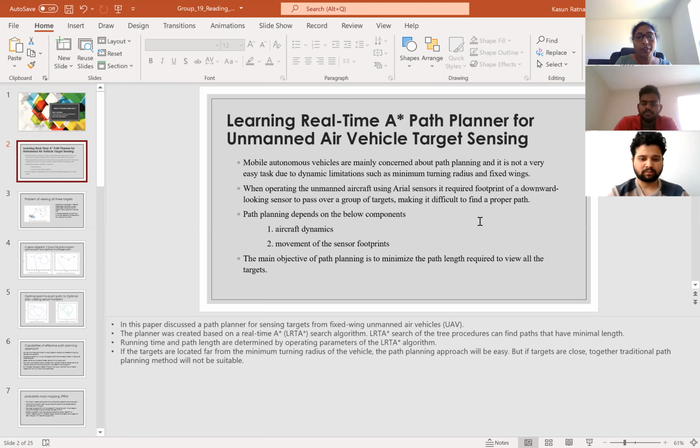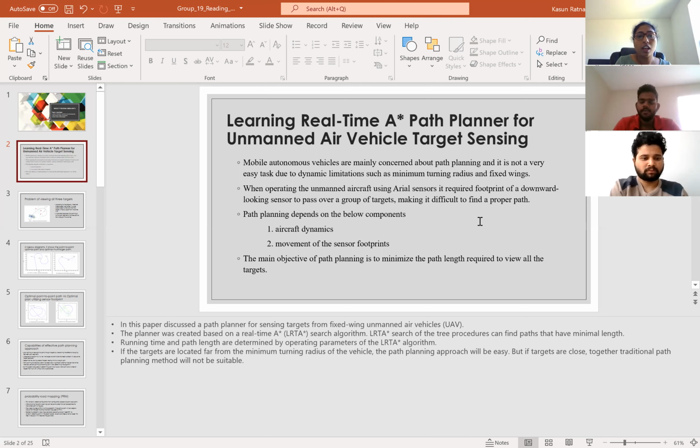LRT A-star search can be used to find the path which has the minimal cost and the minimal length. Runtime and the path length are determined by the operating parameters of the LRTA-star algorithm.